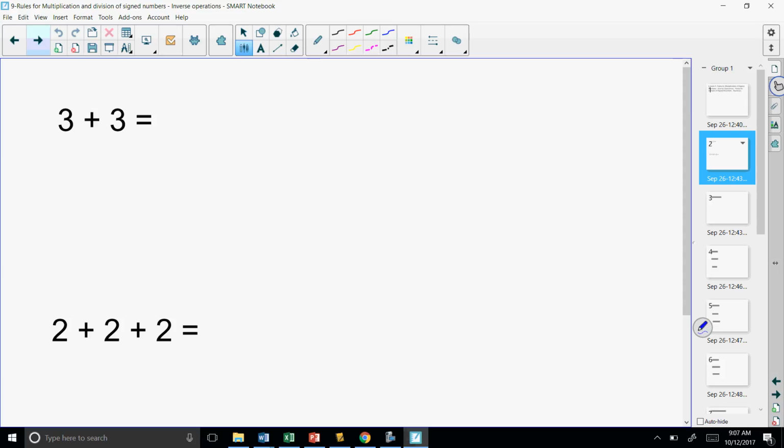And we've been working on addition. If we look at addition, 3 plus 3 is 6. On a number line, you start at 0, and it's a positive 3, which means you go to the right 3 places, and another positive 3, which means you go to the right another 3 places, and that's where you end up, at 6.